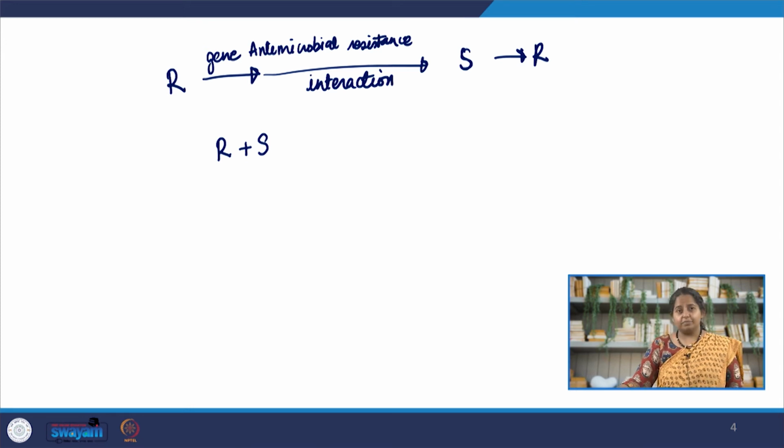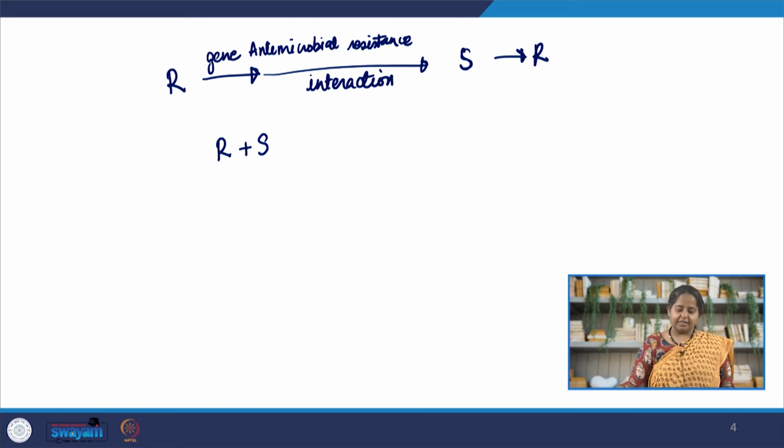We also discussed this briefly in the epidemic model, when an infected person and a susceptible person had to interact for the contagious disease to spread. Here, a contagious disease is not spreading. The only point of the interaction is the actual horizontal transfer of genes that will confer antimicrobial resistance to a sensitive bacteria.